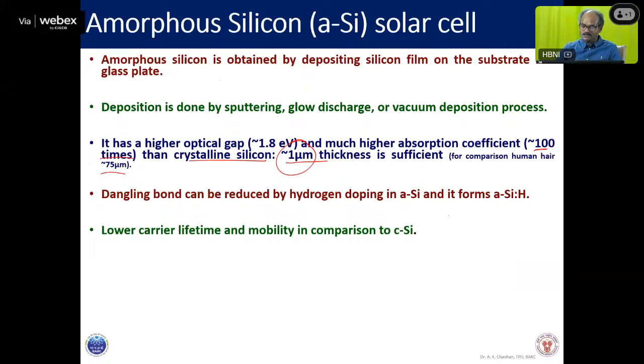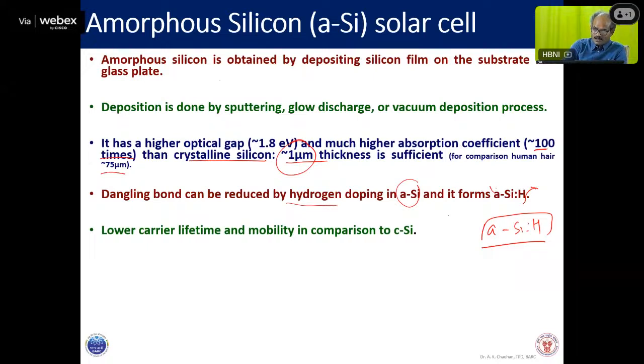These dangling bonds are saturated by reacting with hydrogen, or hydrogenation. In that case, this amorphous silicon is called hydrogenated amorphous silicon, or a-Si:H, where not all but the majority of the dangling bonds are saturated by hydrogen.